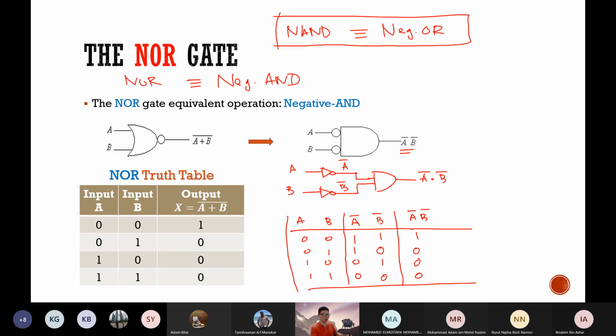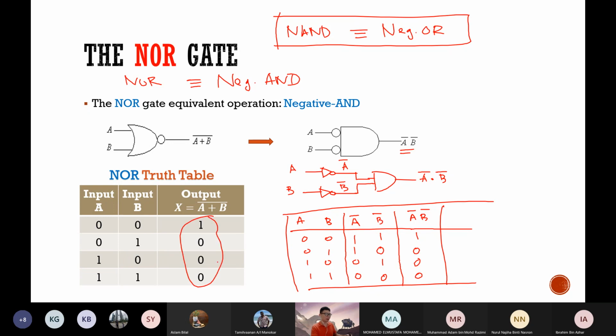What I want you to notice is that the output of the truth table over here is essentially the same. For the input 0 0 0 1 1, it produces this set of output. The same thing over here: for this combination of input, it produces this set of output.